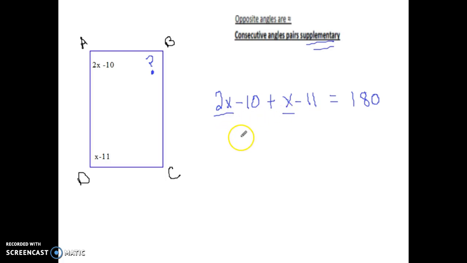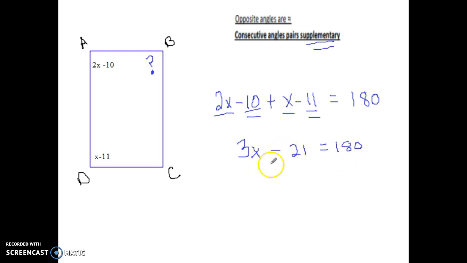So when I combine those, 2x plus 1x gives me 3x. And then I've got a negative 10 and a negative 11. So those together are going to give me a minus 21. And that equals 180.